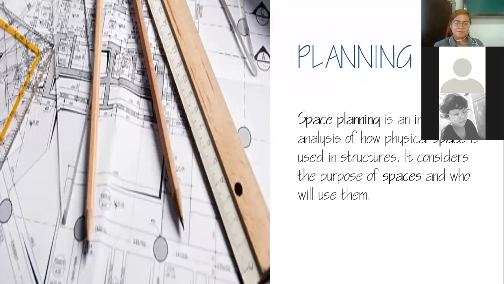Wala pa, miss. So, in planning, before we come up with the physical structure, or before we detail the physical appearance, we first identify the areas, and we do space planning.